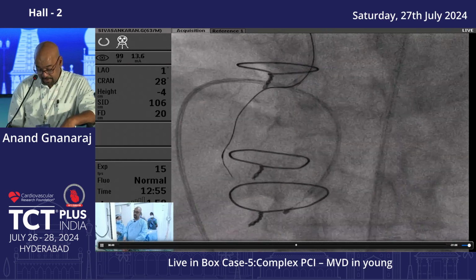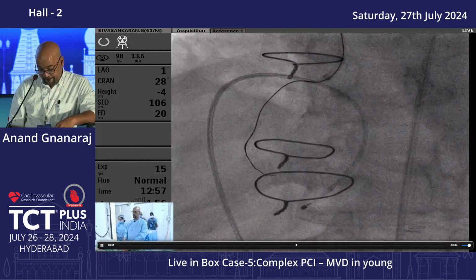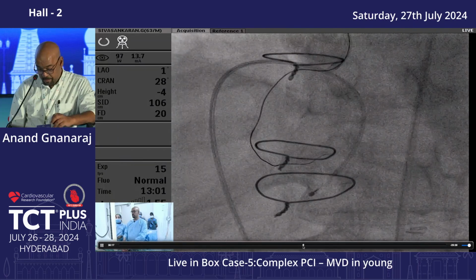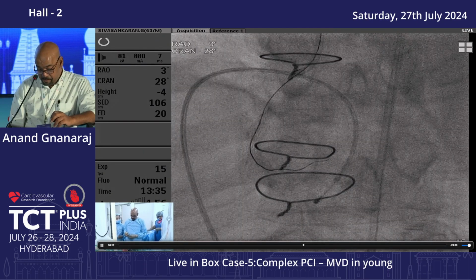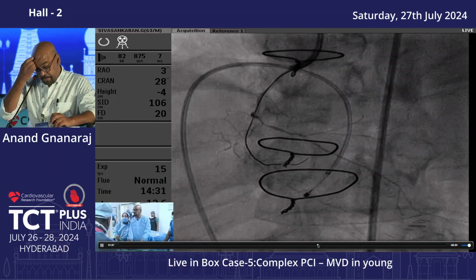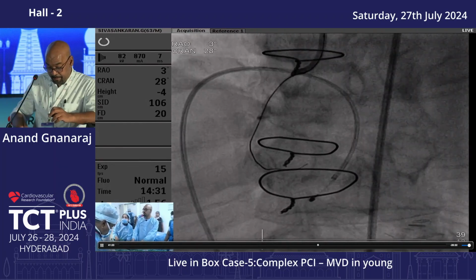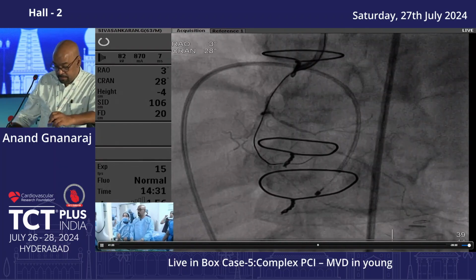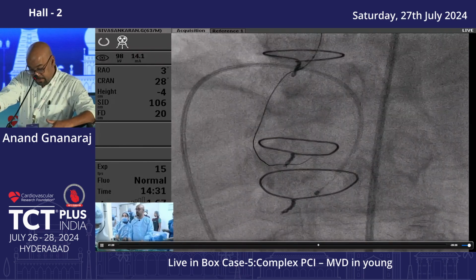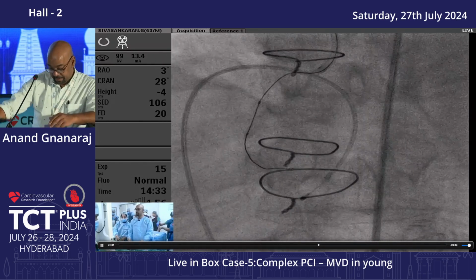Then again I took a Caravel this time. So after crossing that RV branch, we were able to see some kind of distal filling.